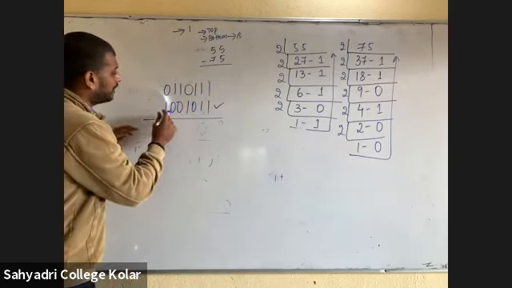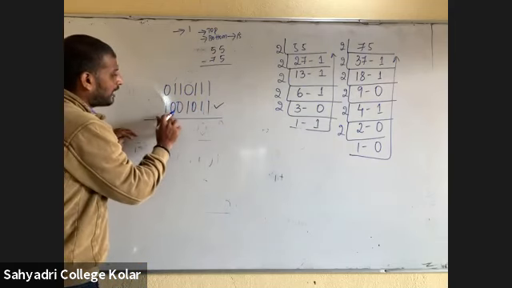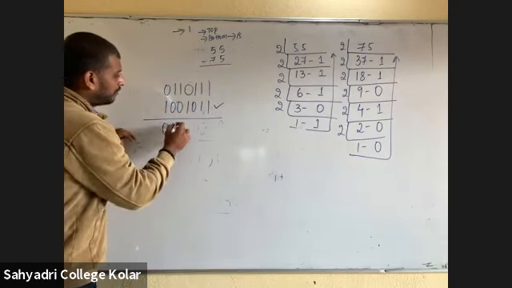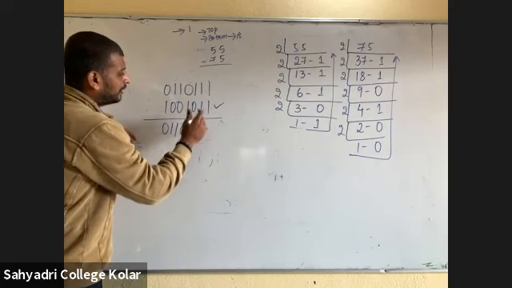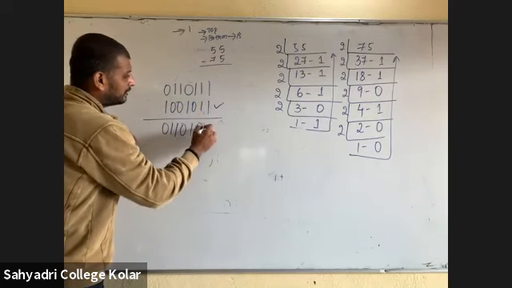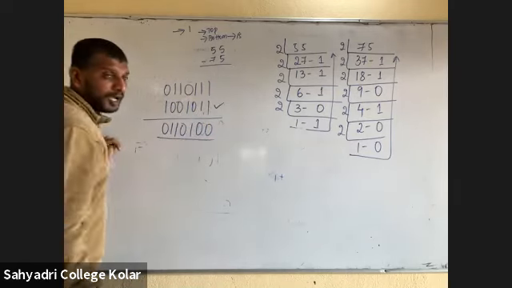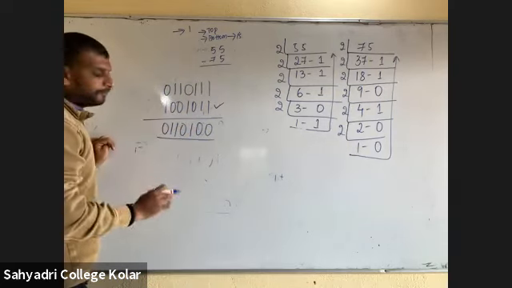So here I have 1, I replace it with 0. I have 0, I replace it with 1. So it becomes 0110100. Now I have found the ones complement of the bottom number.